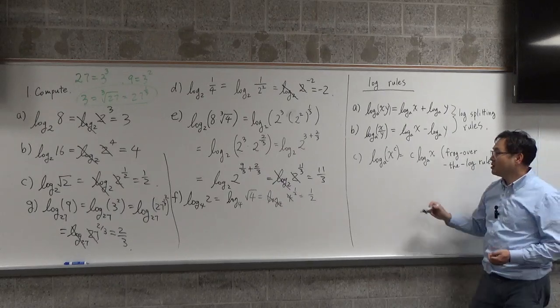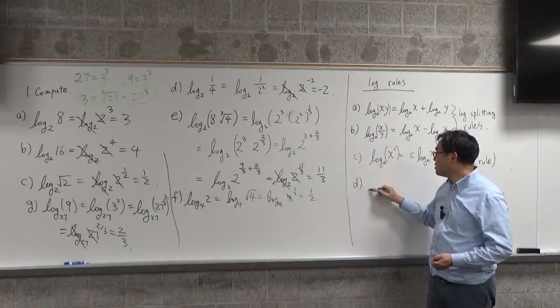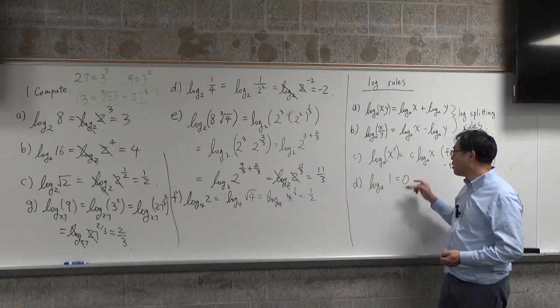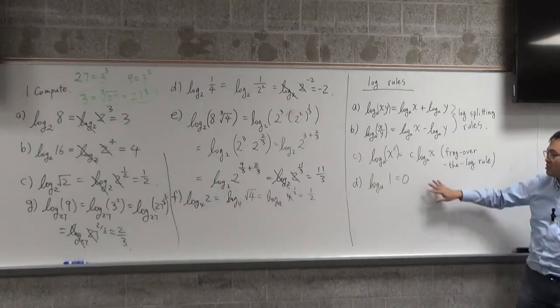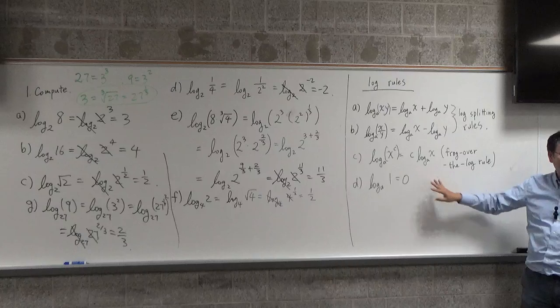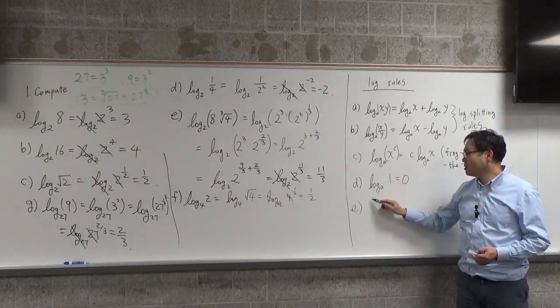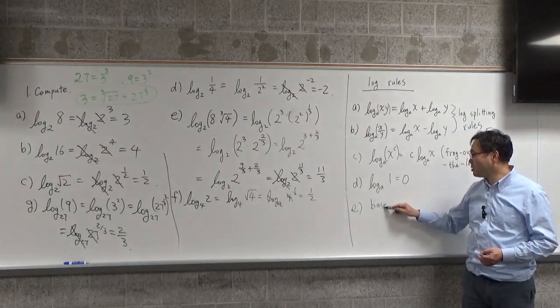And then D, log base a of 1 is 0. Often this is not a separate rule, but since so many people forget about this, I just write it as a separate rule. And then E, there's something called the base change formula.